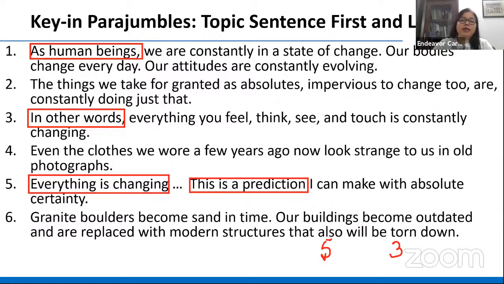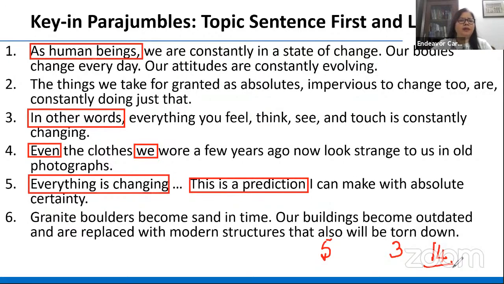Even the clothes we wore a few years ago now look strange to us. So our bodies change, our attitudes change. Even the clothes we wore look strange to us, which means I find a connection between 1 and 4, correct?